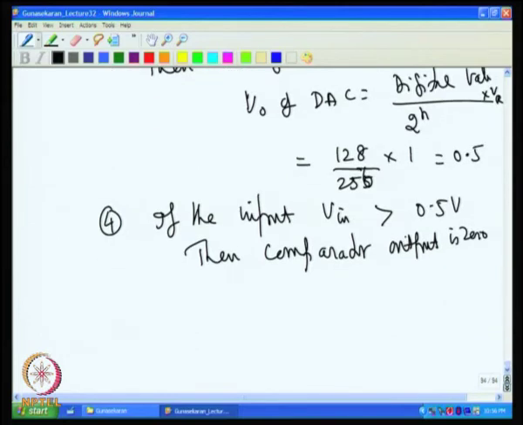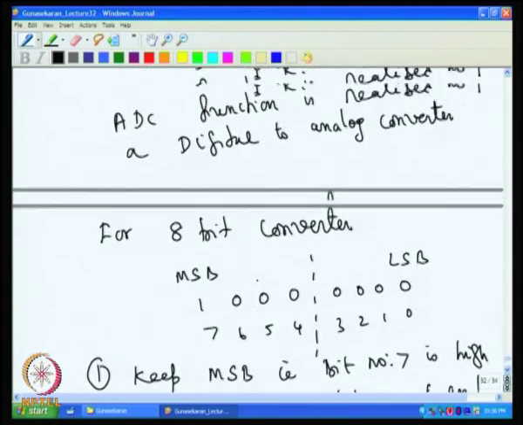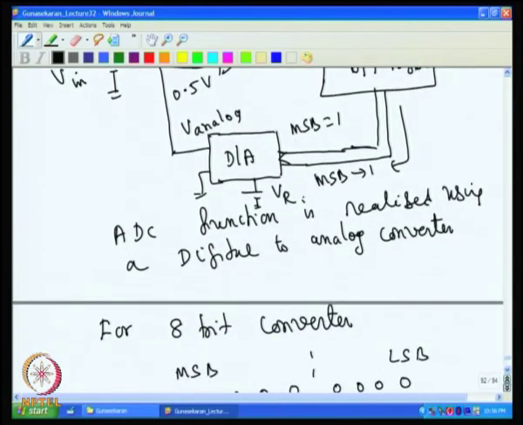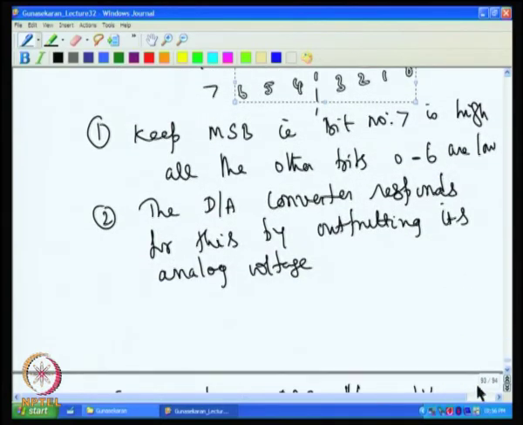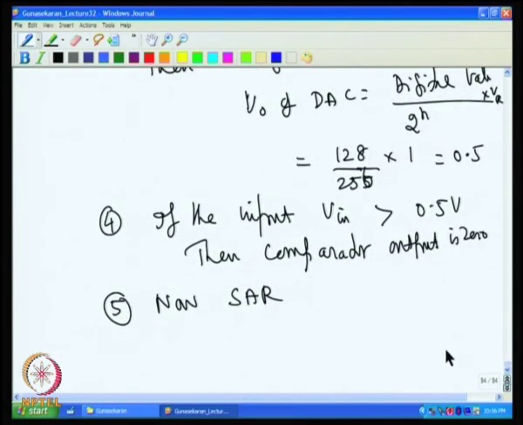Now, the successive approximation register, SAR, has received a result telling that the input is higher than 0.5, because only when the input is higher than 0.5 will the output remain 0. Then the SAR keeps that MSB, which you had put as 1, retained, and the next trial starts.